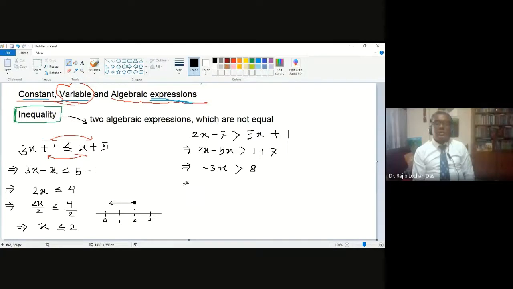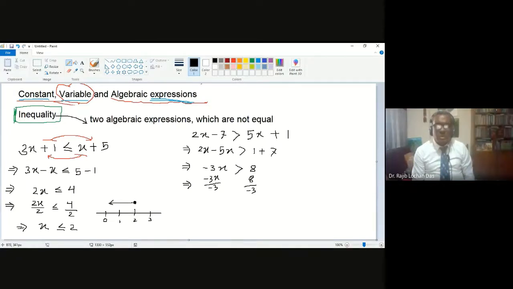So in the next line you will write divide by 3, right? So both divide by 3. That means minus 3x divided by minus 3 and 8 divided by minus 3.